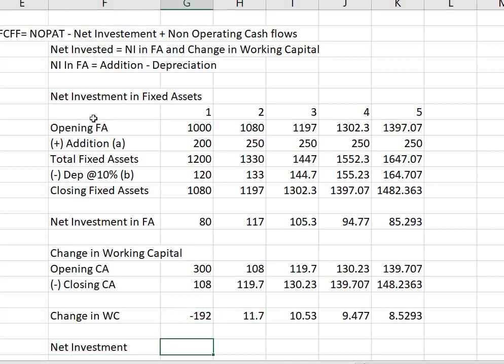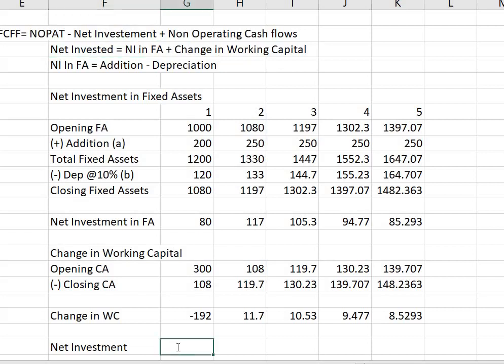My net investment is net investment in fixed assets plus change in working capital. So by formula we can say that my net investment is net investment in fixed assets plus change in working capital.